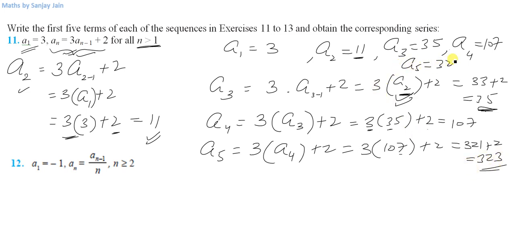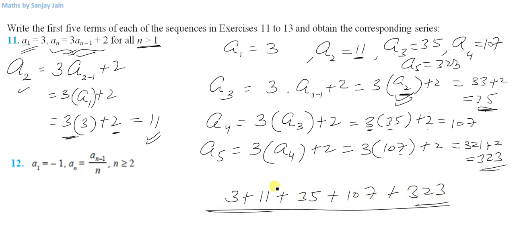A5 is 323. Now if I want to write it in a series form, I'll write the corresponding series as 3 plus 11 plus 35 plus 107 plus 323. So what I have done is I have written all these terms A1, A2, A3, A4, A5 separated by these plus signs, and this is the corresponding series.